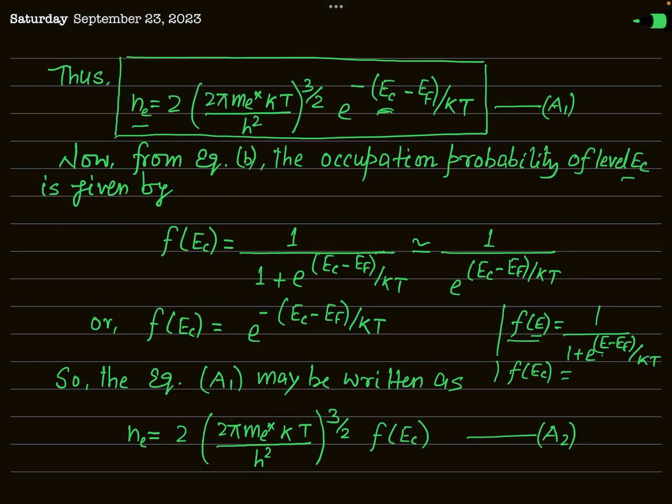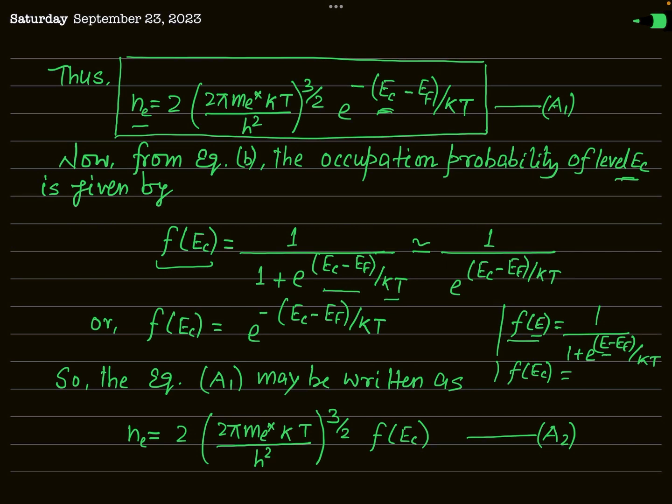That probability can be easily obtained from this result, simply by replacing E by EC. So you can say that the occupation probability of level EC is given like this: F of EC equals 1 over 1 plus e to the power (EC minus EF) over KT.